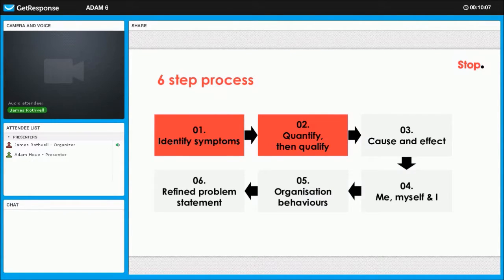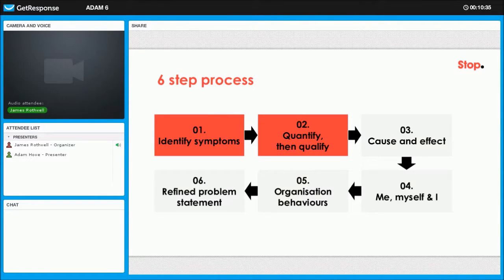So without further ado, we will jump into the process. And as you can see in front of you, there are 6 steps. And this will take you from the symptom of everyday complexity right the way through to a refined problem statement for which real solutions can be designed. Now, steps 1 and 2 are in a different colour for a reason.